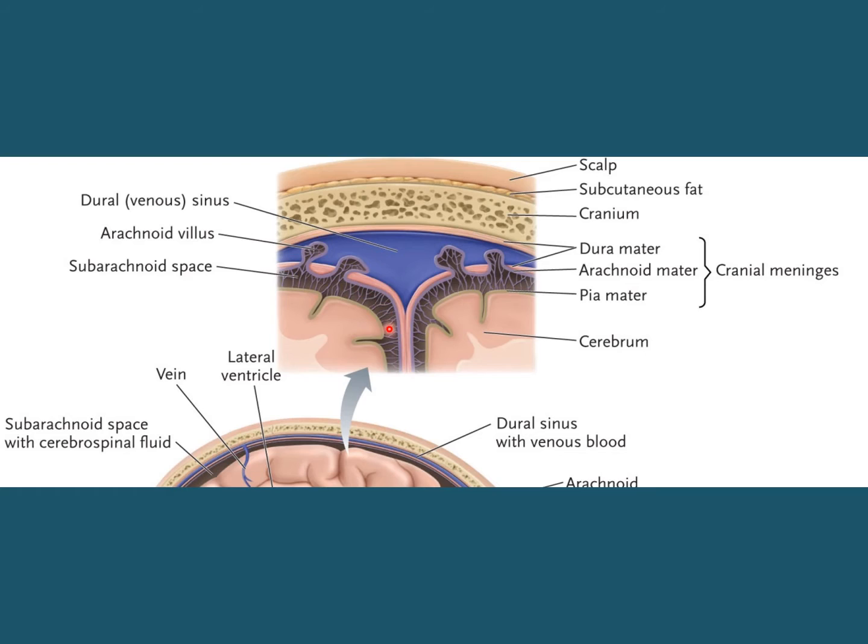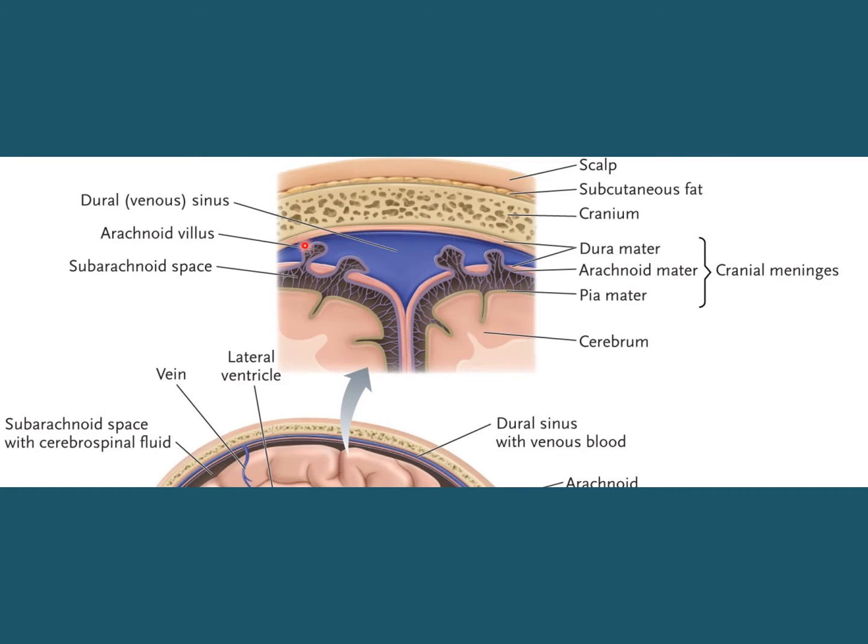This black region here is the subarachnoid space. Remember, that's filled with cerebrospinal fluid. This thin purple line above that space is the arachnoid mater. Above that, the pink line is the dura mater, which also exists up against the skull, up above.